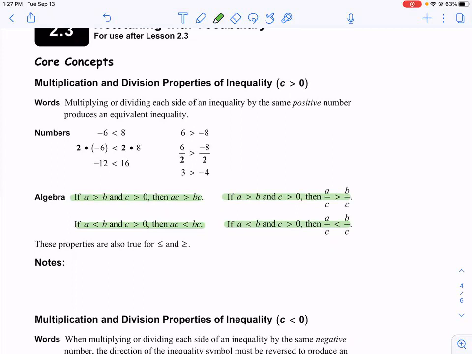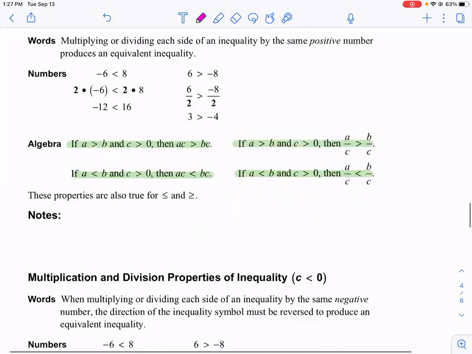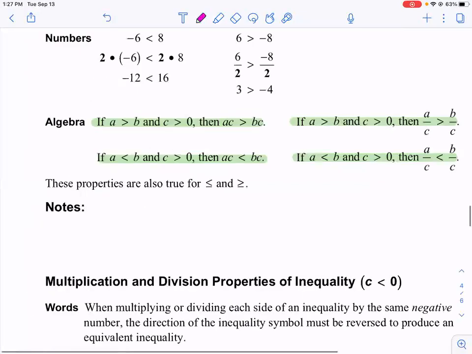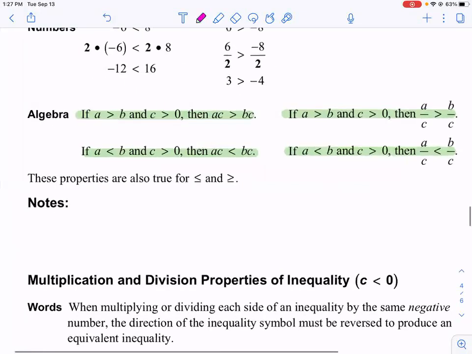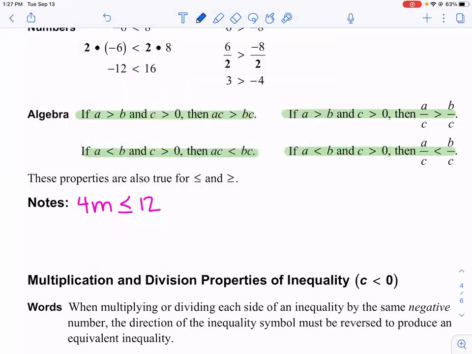Okay, so we're on page 40, and I want you to write down, under these notes right here, what if we have the inequality 4m is less than or equal to 12. So what we can do is what to both sides?